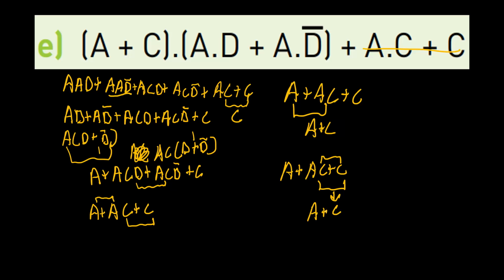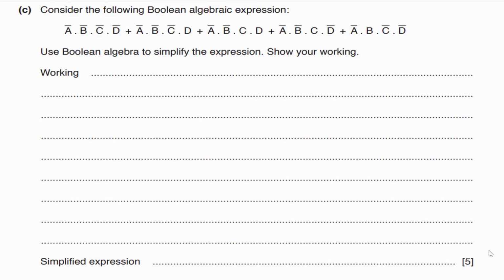Let's go ahead and take a look at the Cambridge past exam question, where we can apply everything that we've practiced so far. So we have not A, not B, not C, not D, or not A, not B, not C, D, or not A, not B, C, D, or not A, not B, C, not D, or not A and B, not C, not D. We have all of these. Cambridge looks like they did almost every possible scenario here for these nots.